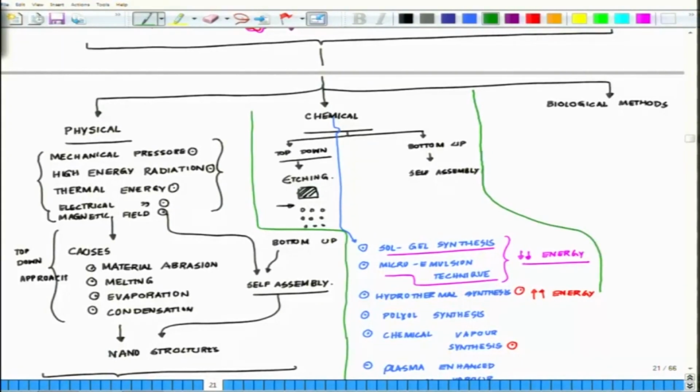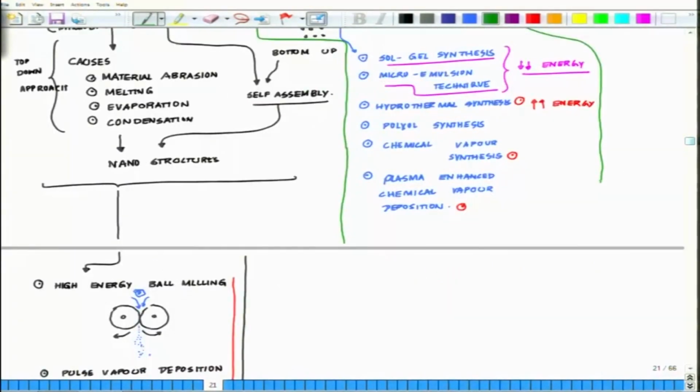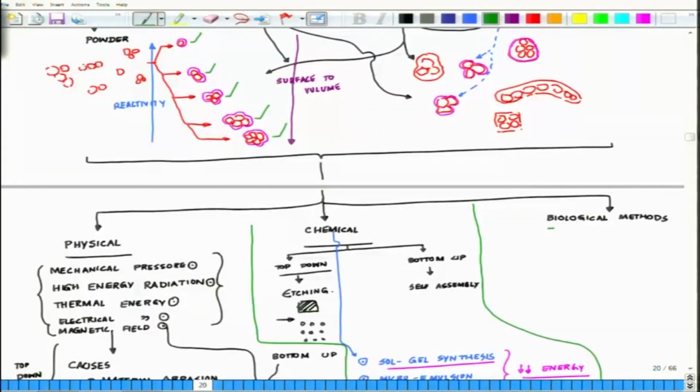Now from here we'll move on to the biological route. Now when we talk about the biological route, why is it so critical that we understand it?